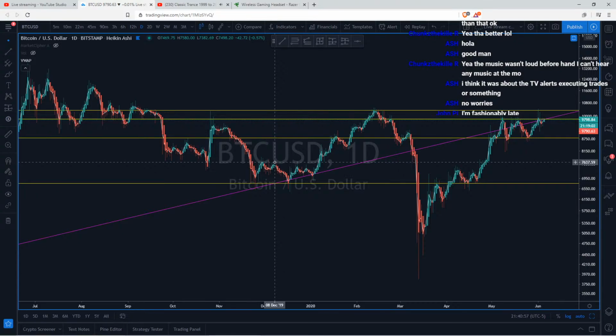I'd say that this level was pretty key up here. Yeah, right there. So we're kind of in a range right now.